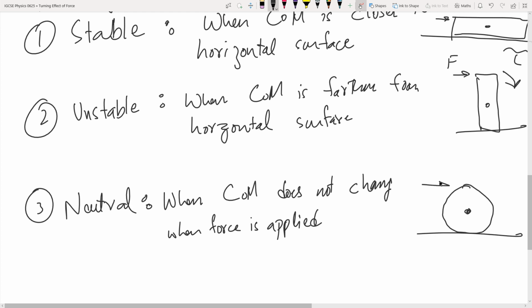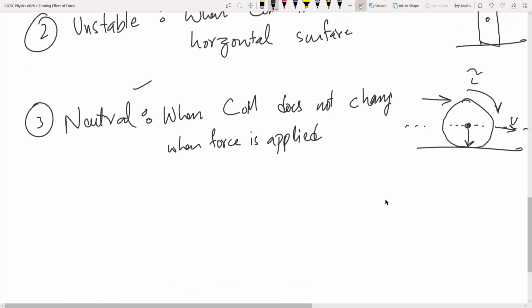Because if I apply force on a ball, it will just rotate and move forward. It will have rotation, tau, and it will also have velocity, but the COM is not going to change unless it bounces off, and even then after bouncing it will come back to a neutral state. So the COM will not change over time. It will remain at the same height even if the object moves back and forth. So that is a neutral state, which is the most unique state of equilibrium.